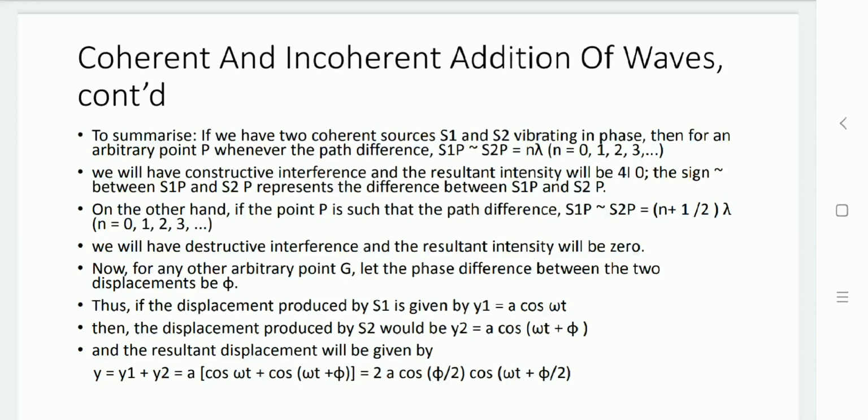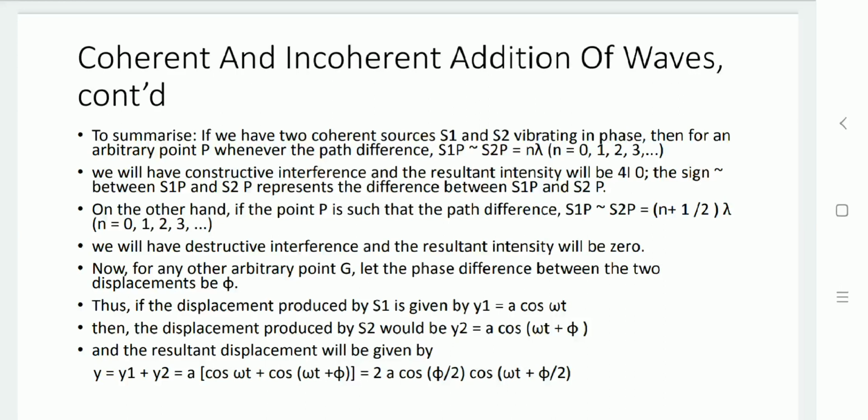If we take any other arbitrary point and take the phase difference phi, then in generalized form the displacement by the S1 wave is A cos omega t, and the displacement by the S2 wave is A cos of omega t plus phi. Then the total displacement is y1 plus y2, equal to A [cos omega t plus cos of (omega t plus phi)].